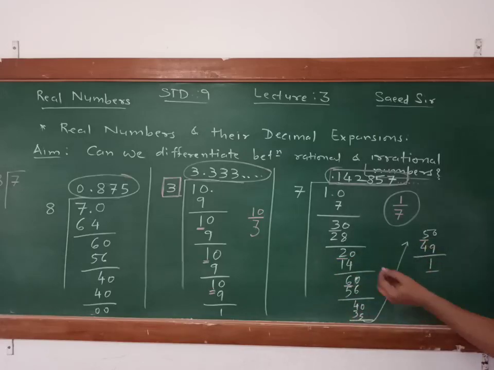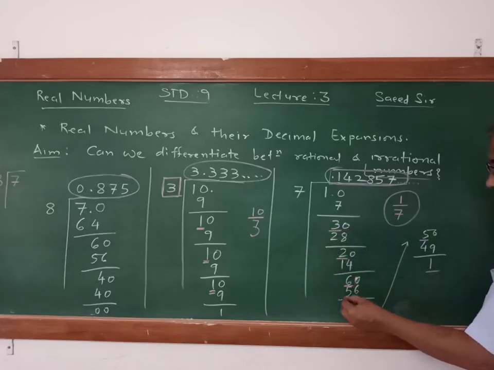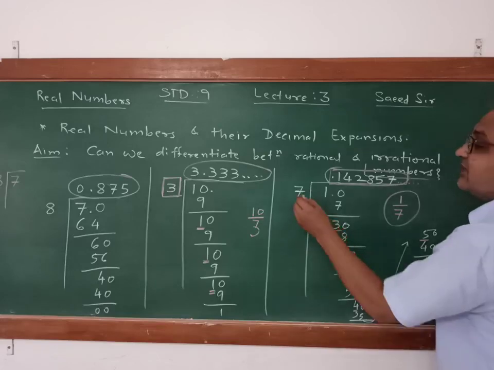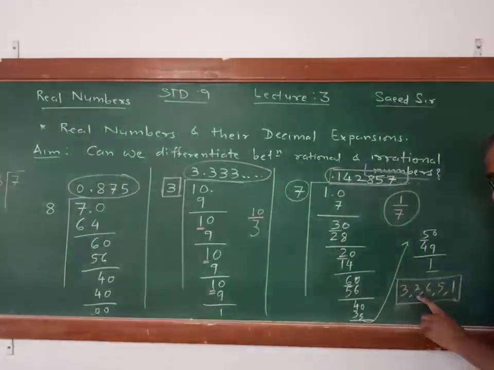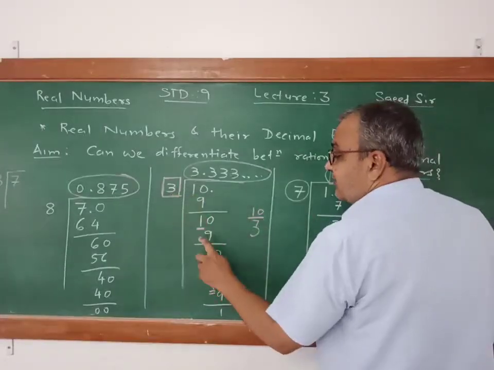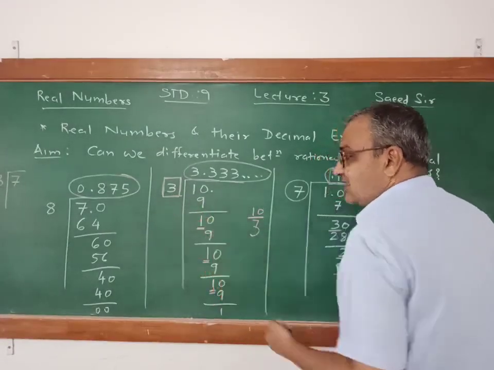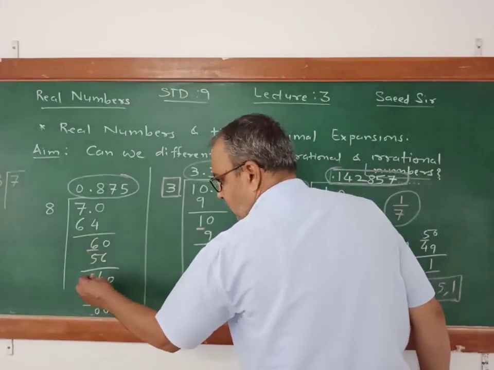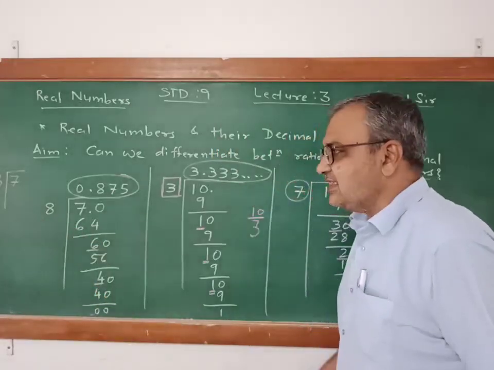These are the remainders: 3, 2, 6, 5, 1. Now these remainders are always less than the divisor. Here the remainder is 1, and here the remainder is 6, 4, they are always less than the divisor.